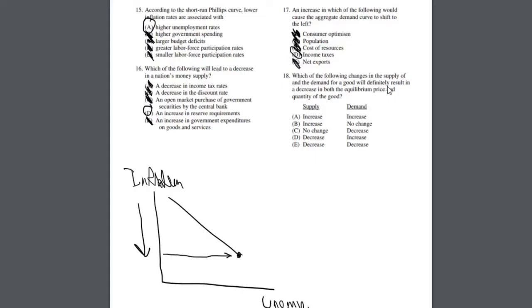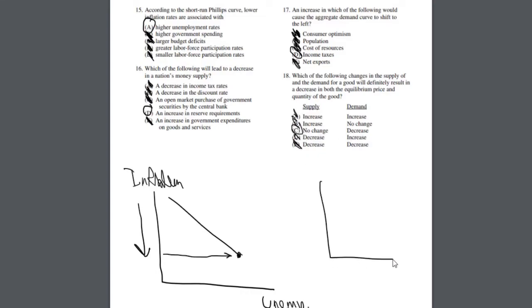Which of the following changes in the supply and demand for a good will definitely result in a decrease in both the equilibrium price and quantity of the good? Whenever price and quantity both decrease or both increase, we know that demand is going to either increase or decrease. So for 18, we're looking at no change in supply, because that could screw us up, and a decrease in demand.